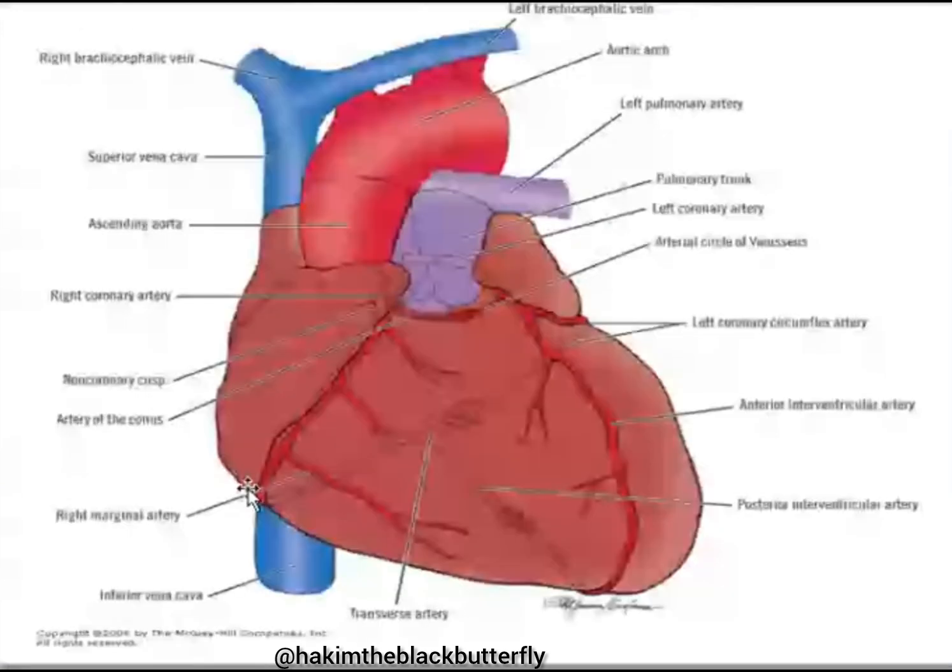Okay? What you should remember is the right border, inferior border, left border, superior border. Atrioventricular groove, there are blood vessels there. Anterior interventricular groove, there are blood vessels there. Right atrium, right ventricle, left ventricle.